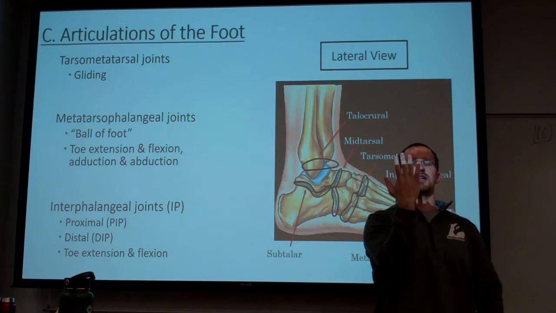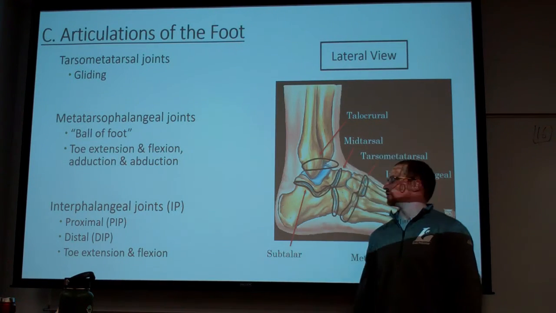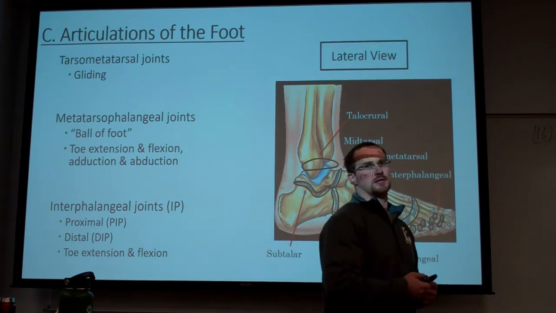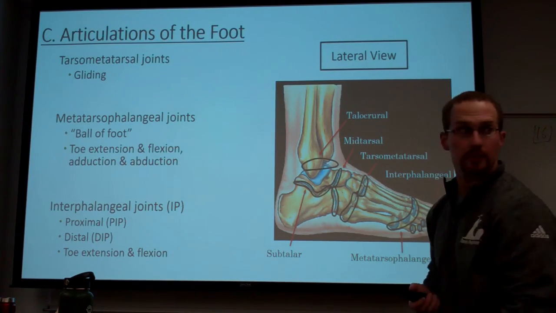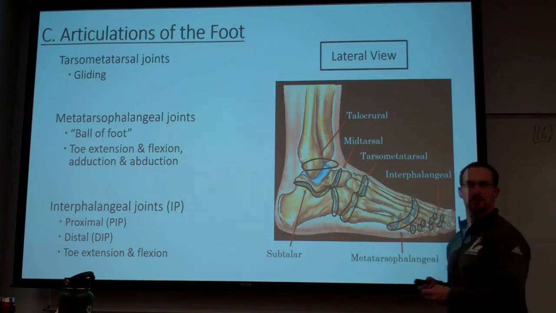They can do flexion and extension. So your interphalangeal joints, flexion and extension occur at that. So those are hinge joints. Questions there about those articulations?